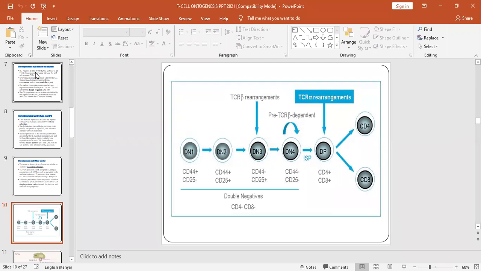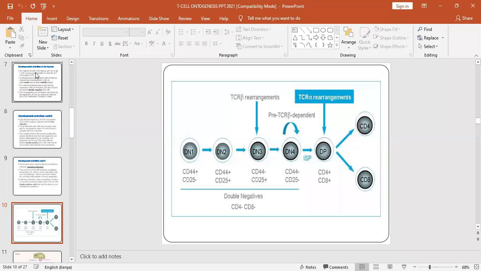In the last stage, double negative 4, both CD44 and CD25 have been lost. And there is a combination of the pre-T cell alpha with the T cell receptor chains, and that makes the cell acquire the status of double positive, because now they can express both the CD4 and the CD8 receptors.